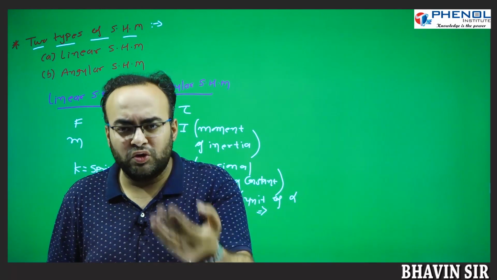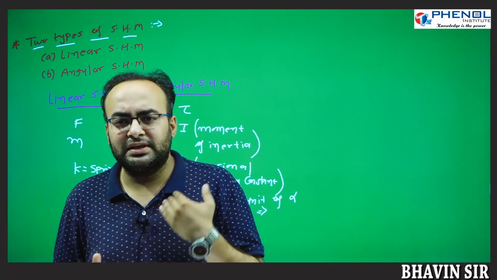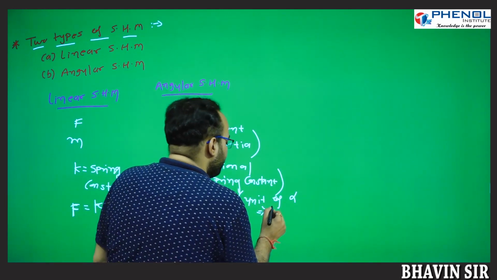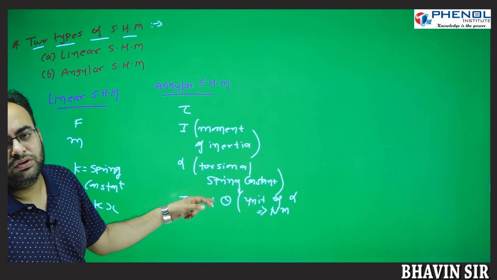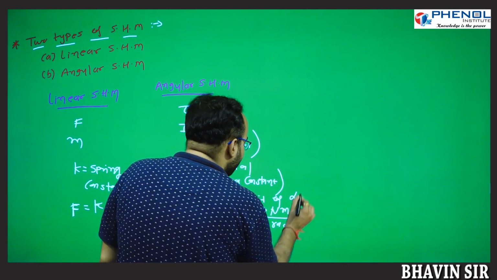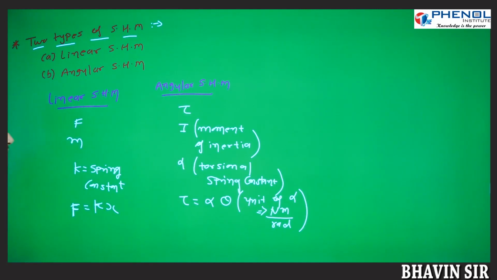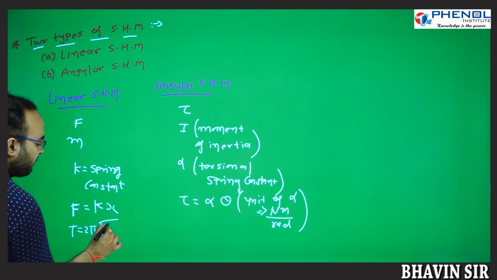For force the unit is newton, for perpendicular distance, meter. So the unit of torque is newton meter. And alpha is equal to torque by theta. Theta is the angular displacement, so radian. So the unit is newton meter per radian.